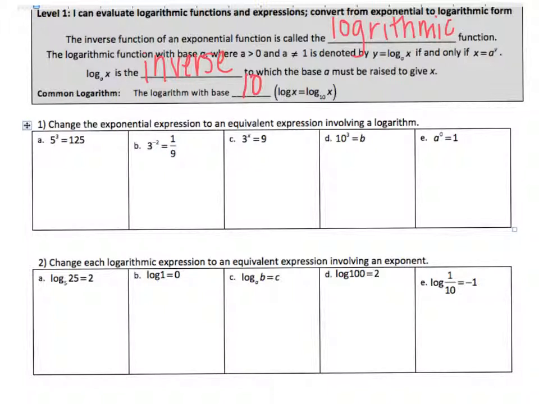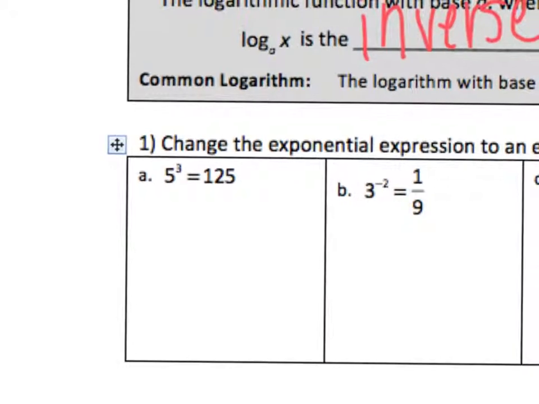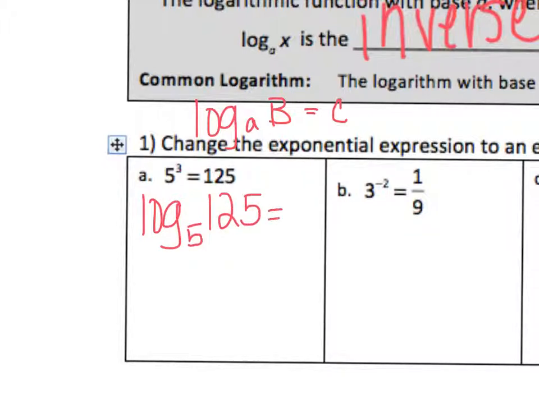In A, it says 5 to the third equals 125. Obviously, we know that's correct because if we put 5 to the third in our calculator, we get the answer of 125. But in order to write it in logarithmic form, we're going to follow the pattern of A, B, C. So log A, B, C. To write it from exponential into logarithmic, you're going to take log base 5 of 125 equals 3.